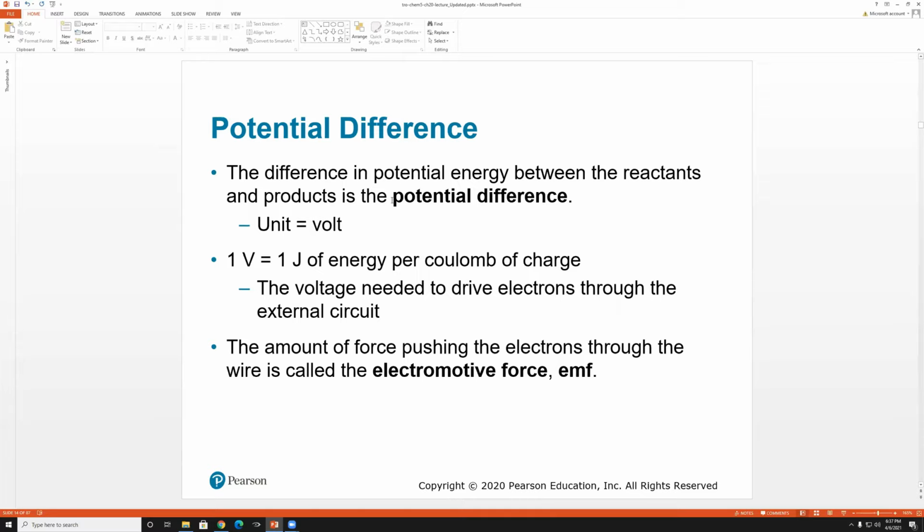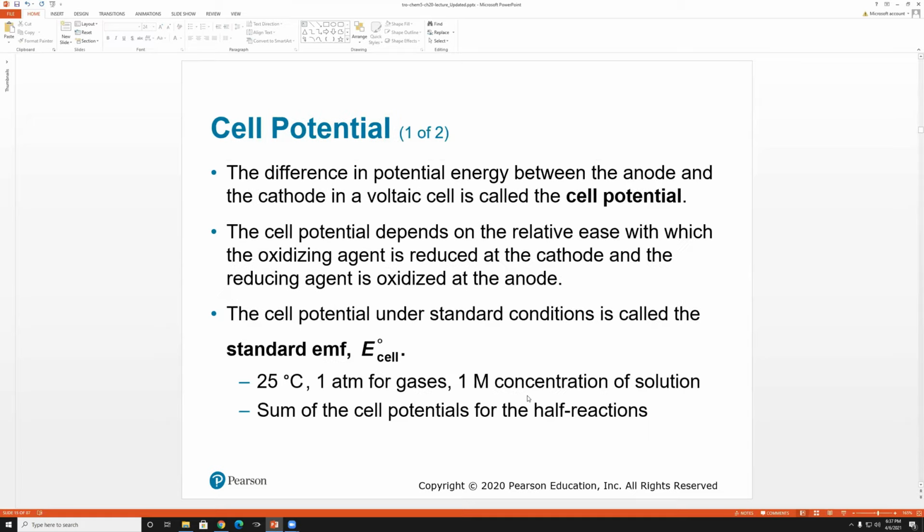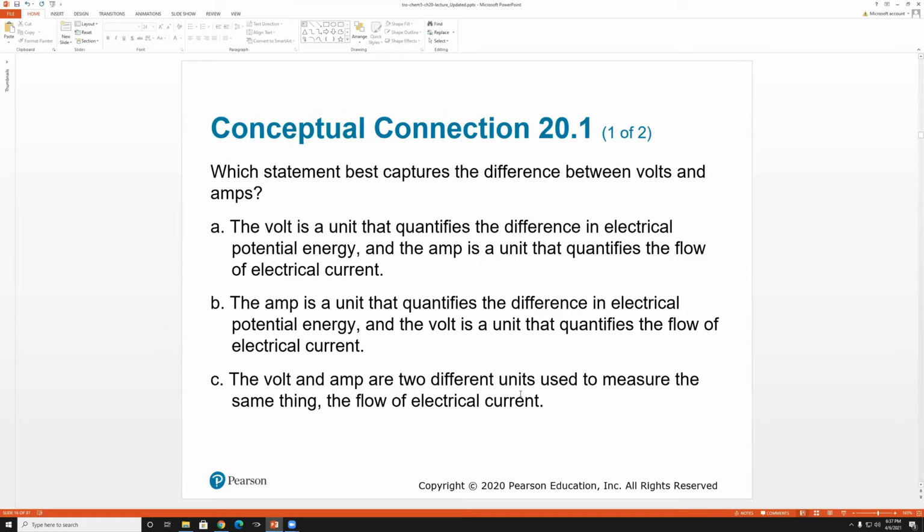That's measured based on the potential difference. The larger the potential difference, the more volts, meaning there's more energy in that battery or in that voltaic cell or in that electrolytic cell. And it's all governed by these electromotive forces, EMFs. And we have a standard EMF, which can be calculated as our cell potential.